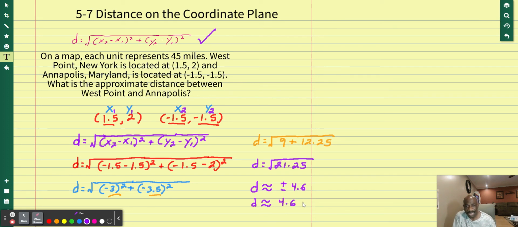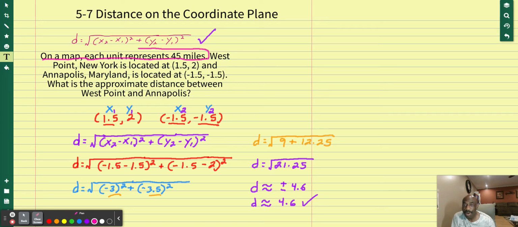Now, you would think that you would be done, but if you write that answer as your final answer, unfortunately, you are not complete, because look at the first sentence in the question again. It says, on a map, each unit represents 45 miles, right?